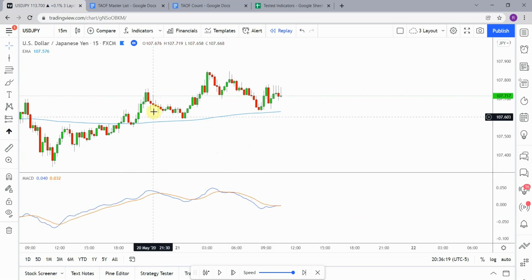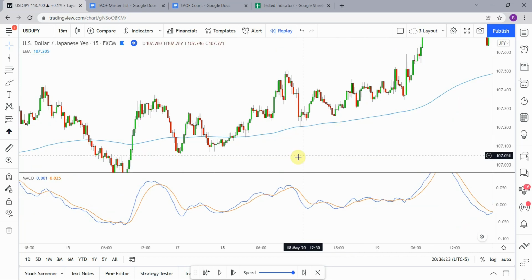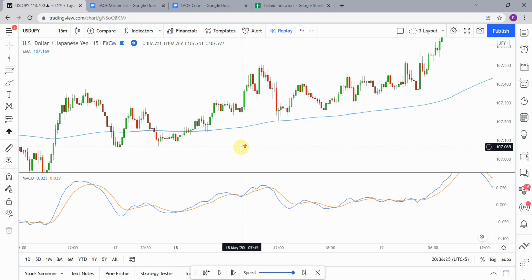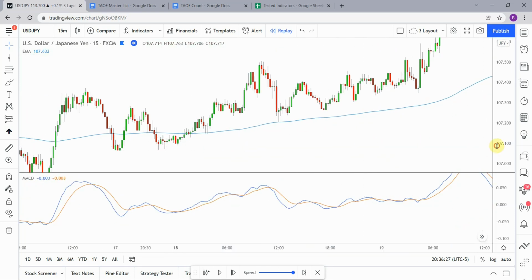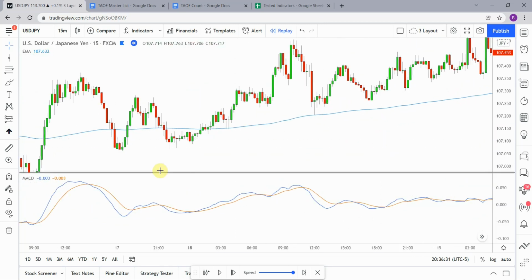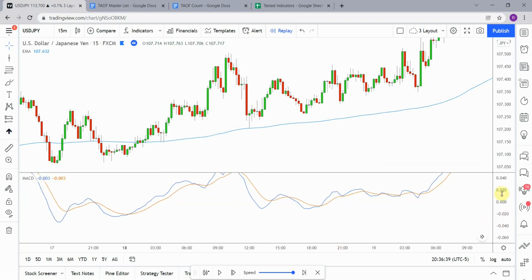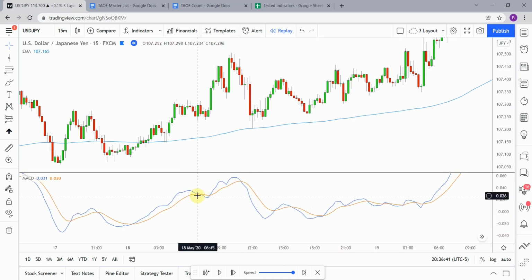And so, for example, let's scoot over here a little bit and find a random spot. All right, let's look at this area right here. So we see that price action is above the 200 EMA, and we see that the blue line on the MACD comes down below the orange line.